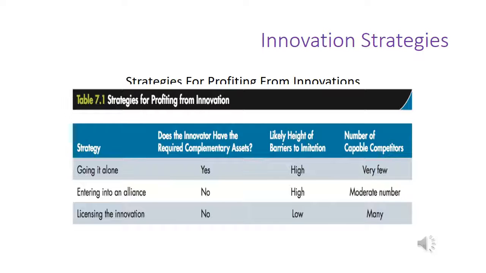When the pioneering company does not have access to complementary assets, barriers to entry are high, and there are only a moderate number of capable competitors, it makes sense for a company to enter into a strategic alliance to develop and market the innovation. Lastly, it may make sense for a pioneering company to license the innovation if it does not have access to complementary assets, barriers to entry are low, and there are many capable competitors.